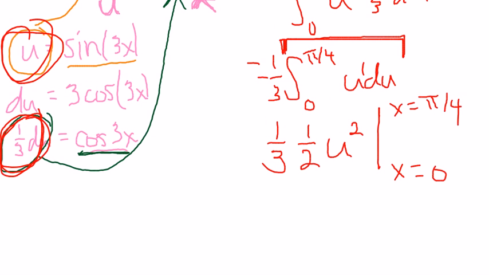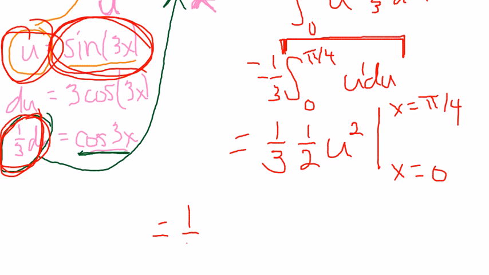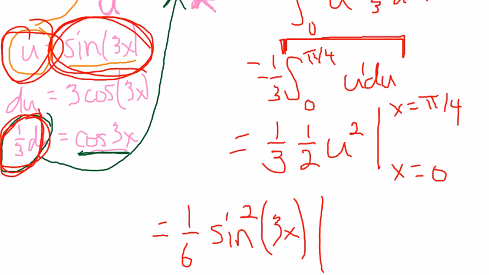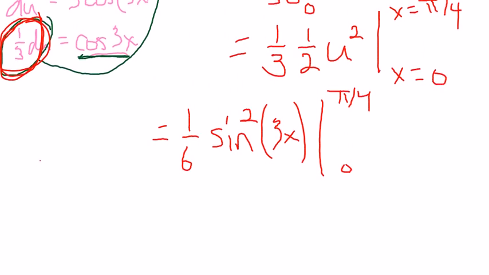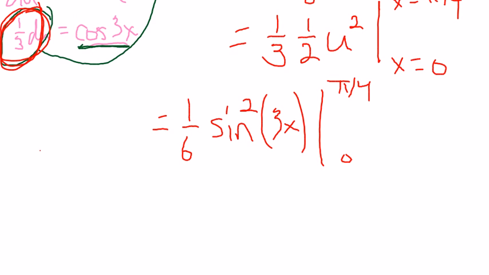So now I'm going to sub my u in. Remember, this is the value that I used for u. So this gives me, it turns out to be 1/6 sine squared of 3x, evaluated from 0 to pi over 4. This isn't too bad. You'll see why. I'll go ahead and write it all the way out.